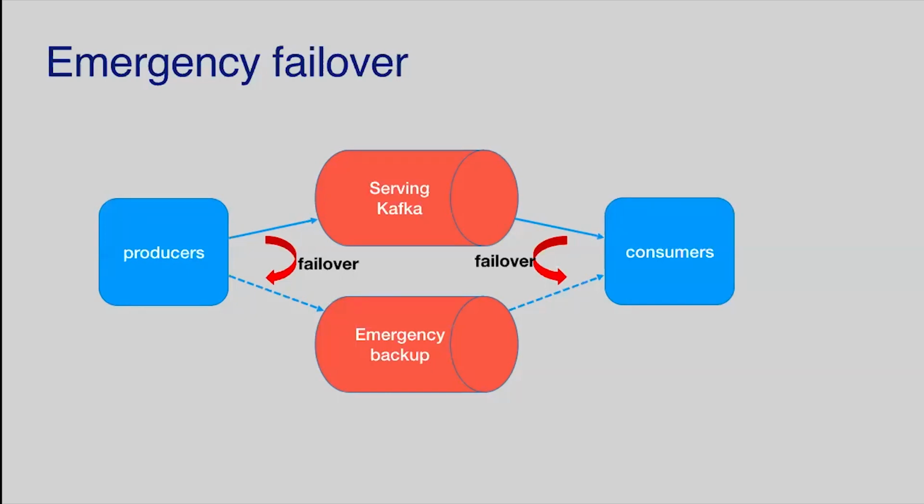In that case, we need to work with multiple users from multiple teams to do the transition, and that alone can be a painful process. That is why we consider this the phase 1 solution. And for phase 2, it's going to be dynamic failover, which is going to be built on top of the queue service that I'm going to talk about next.